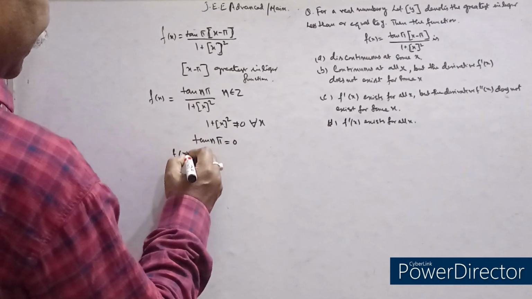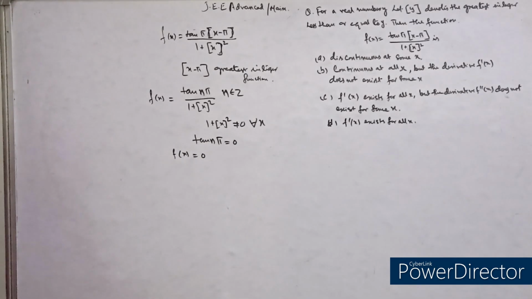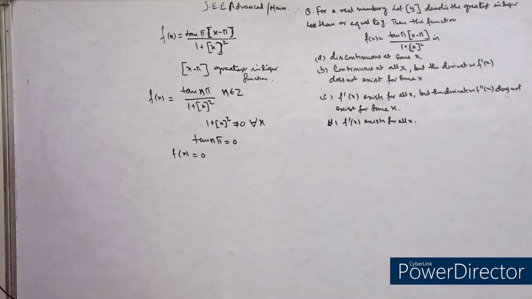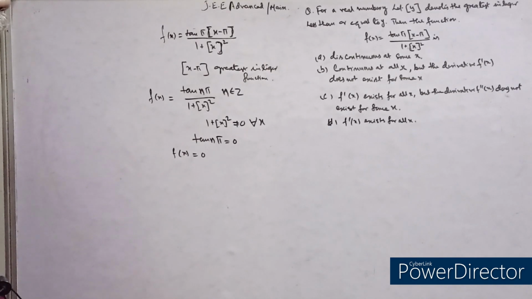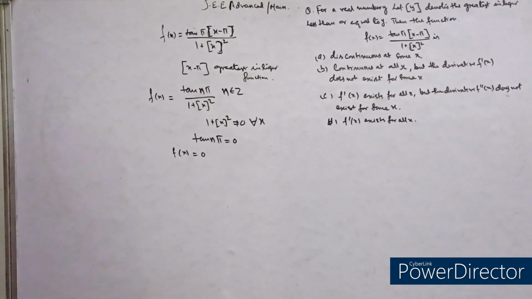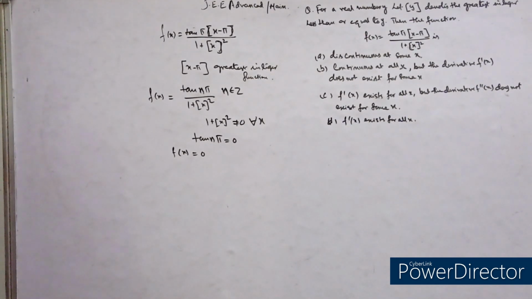So your f(x) is equal to 0. That means the value of f(x) will come out to be 0.